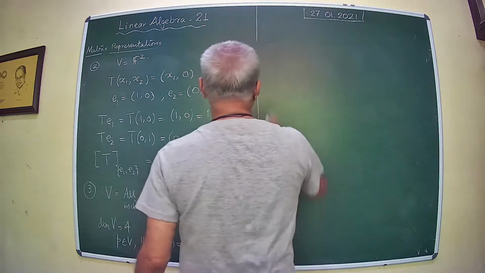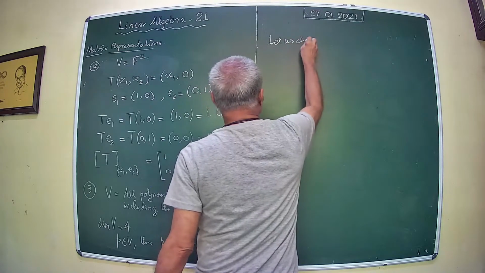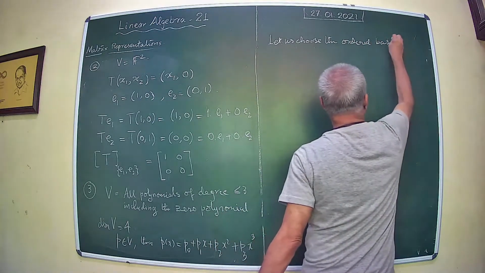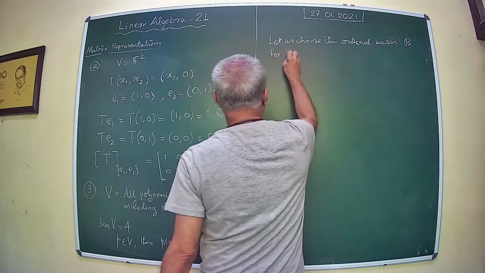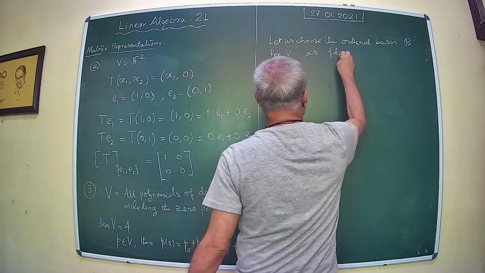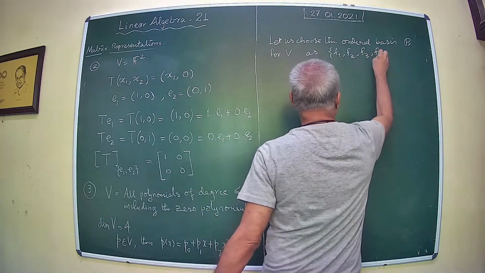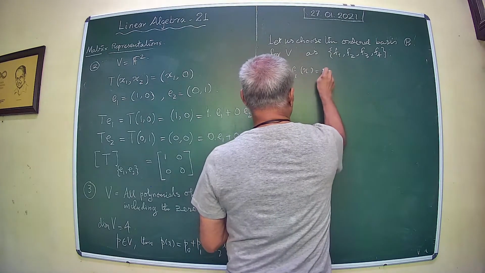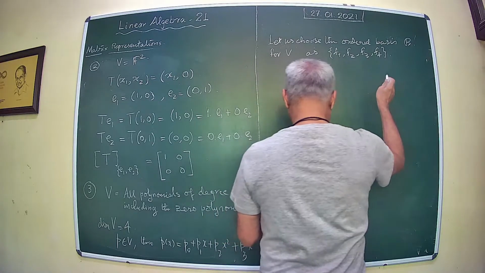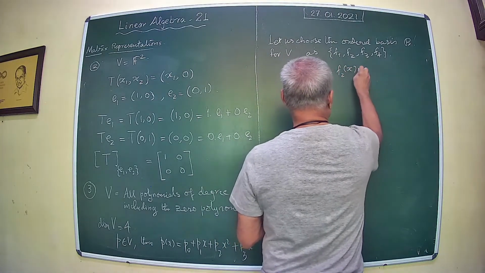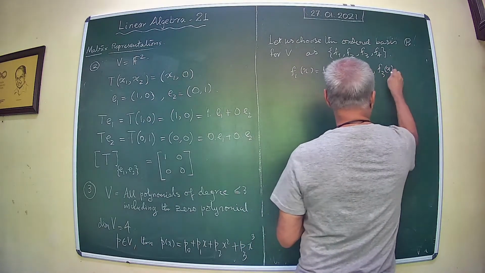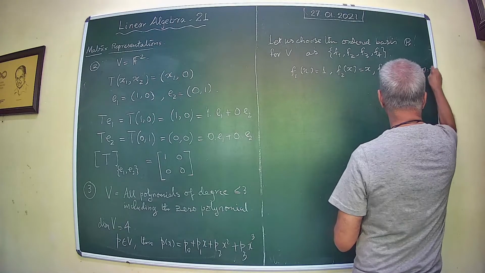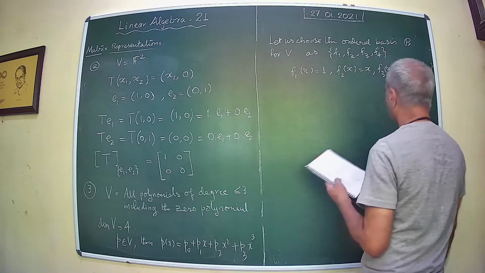Now let us choose the ordered basis F1, F2, F3, F4, where the polynomials are 1, x, x squared, and F4 equal to x cube.